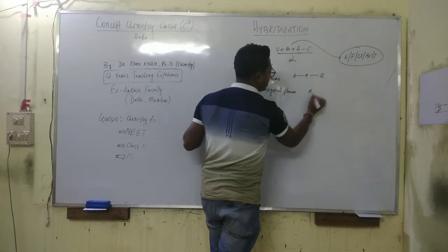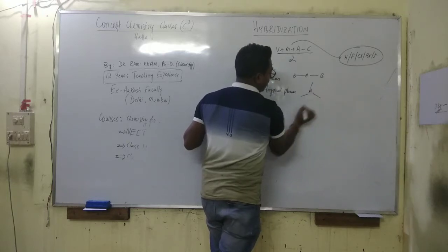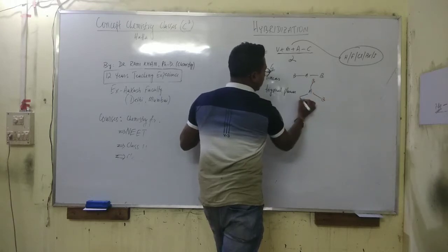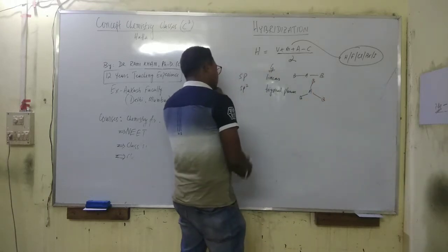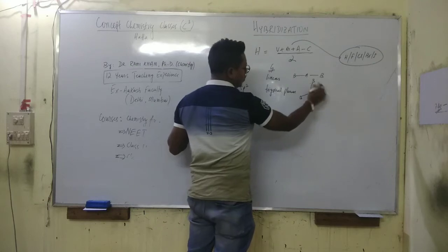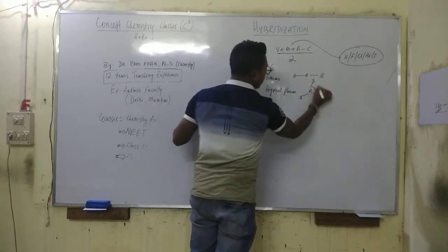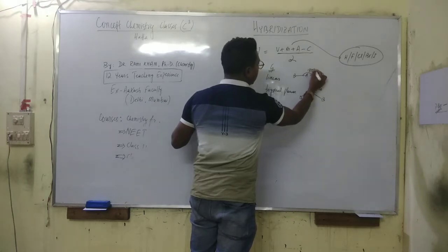The structure is, this is the central atom A, and this is the structure of trigonal planar. The angle between these two hybrid orbitals is 120. This is 180 degree.